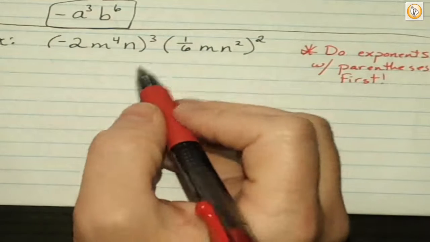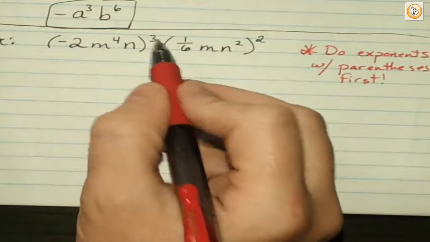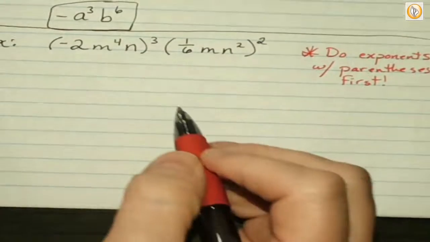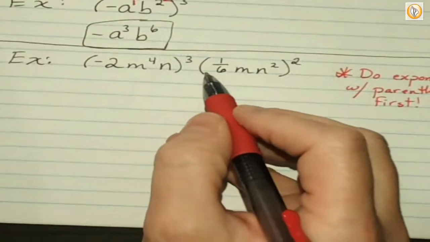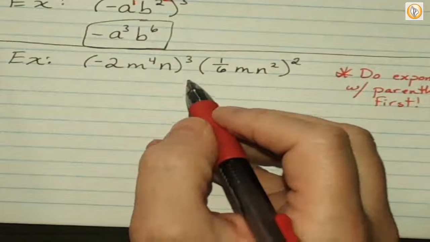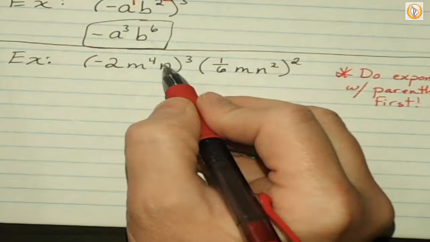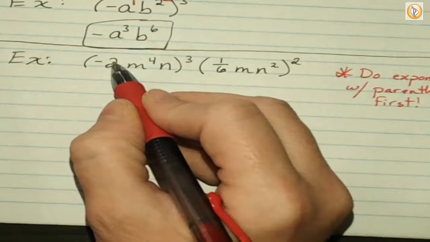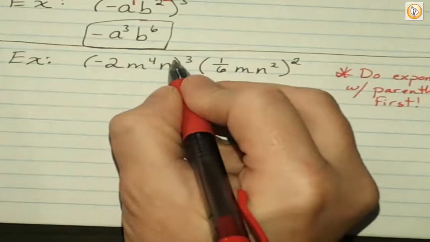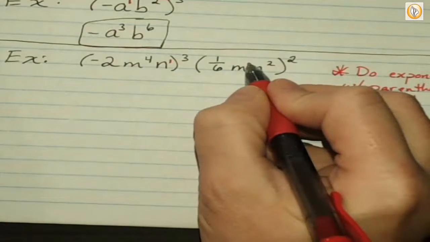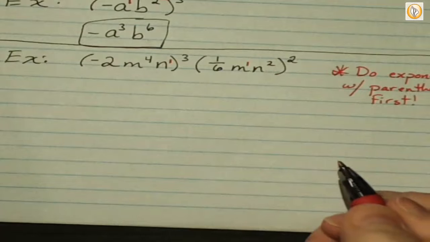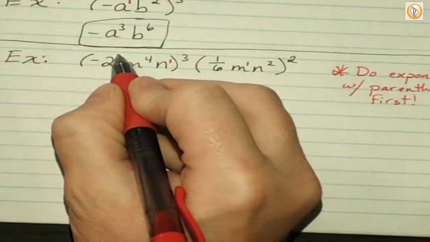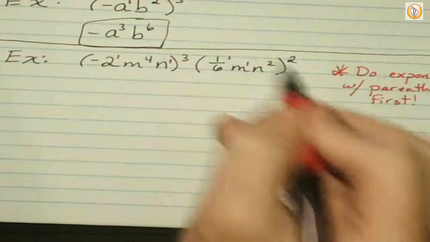Okay, so we're going to start right here. Y'all really need to pay attention to this because my students always mess this up. They'll apply the 3 to the n and to the 4, but they forget about this too. So we know there's a 1 there and a 1 here, but we also want to assume there's like a 1 here and a 1 here.